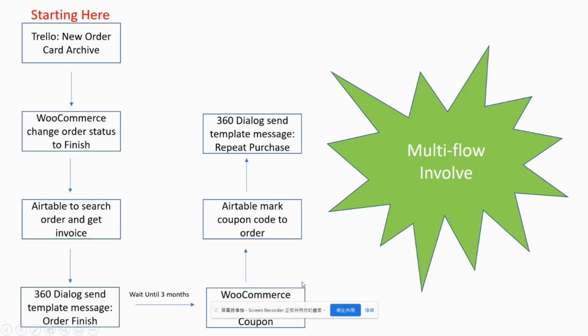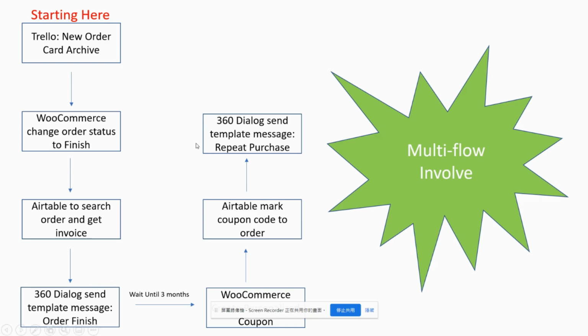Then after 3 months, the automation will generate a repeat purchase coupon in the WooCommerce, and I will also record this coupon code in the Airtable, so I can check the code number in future.